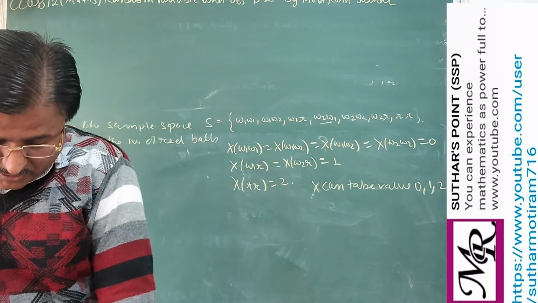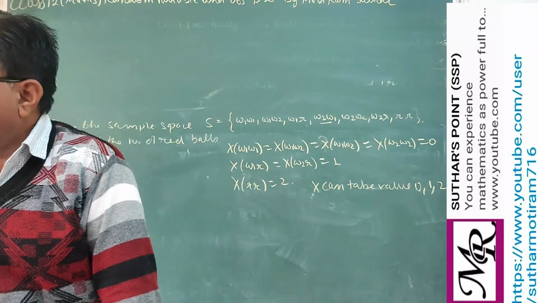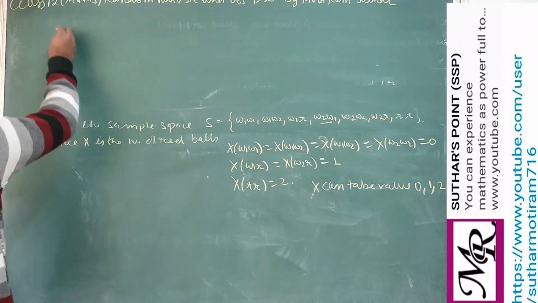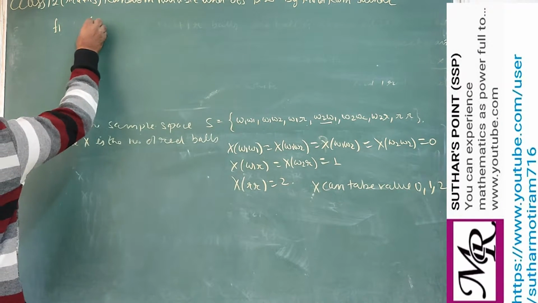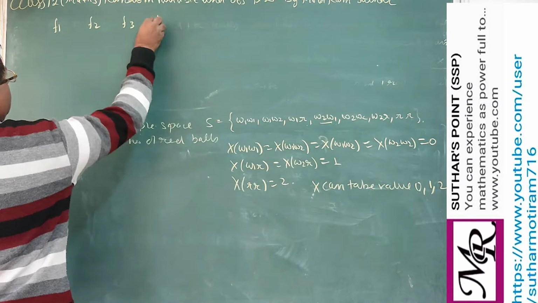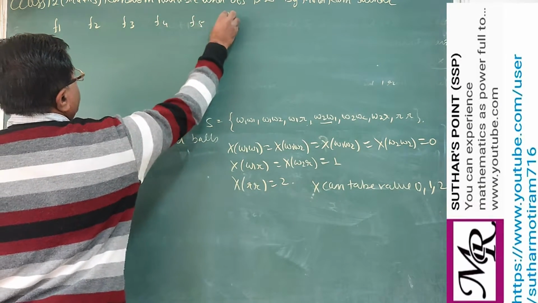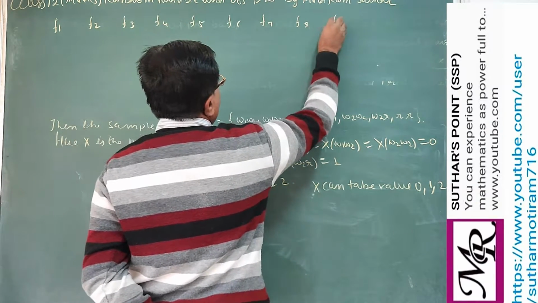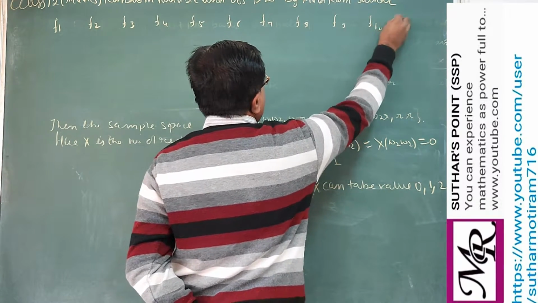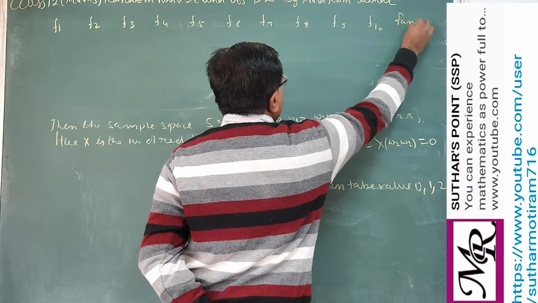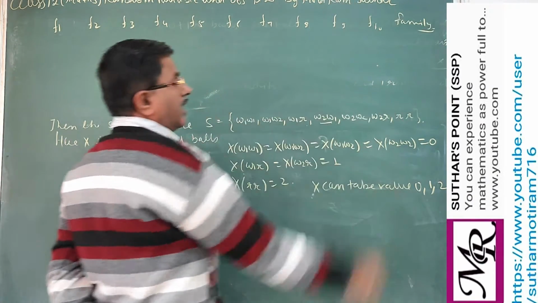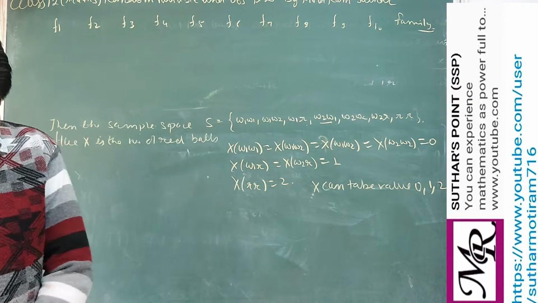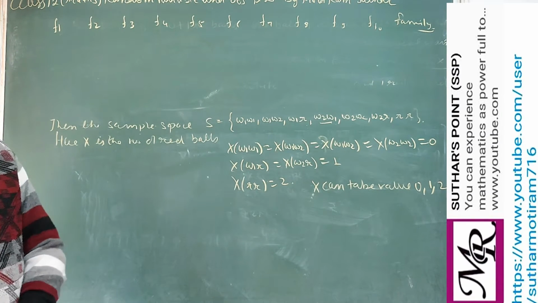Look at the experiment of selecting one family out of 10 families. Suppose we are given 10 families, F1, F2, F3, F4, F5, F6, F7, F8, F9 and F10. Each is equally likely to be selected.